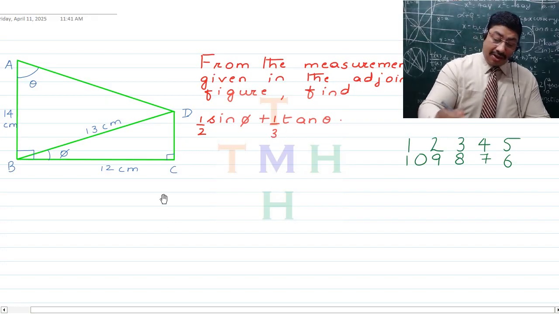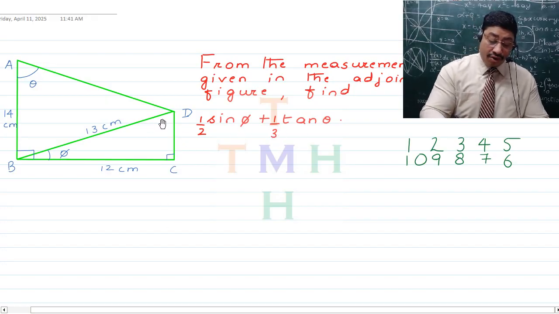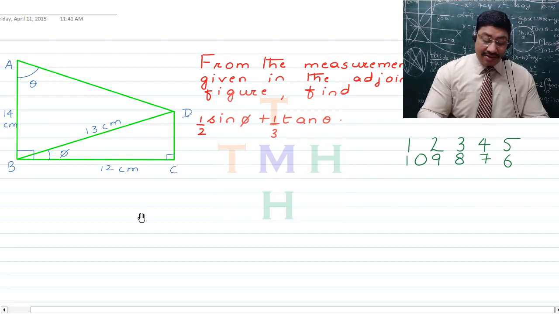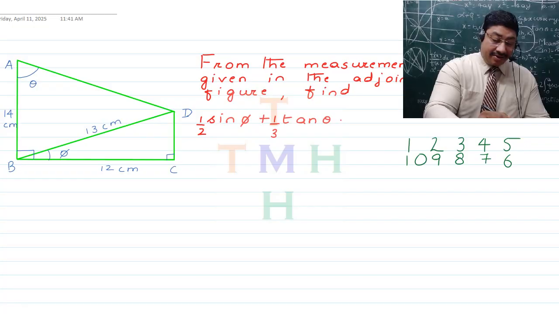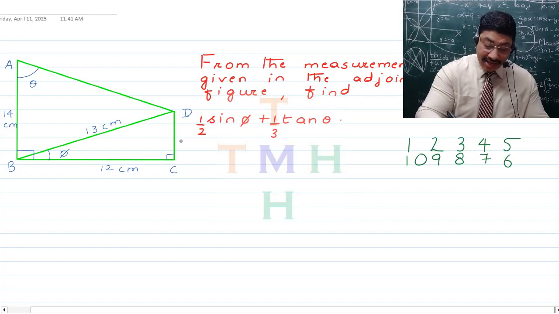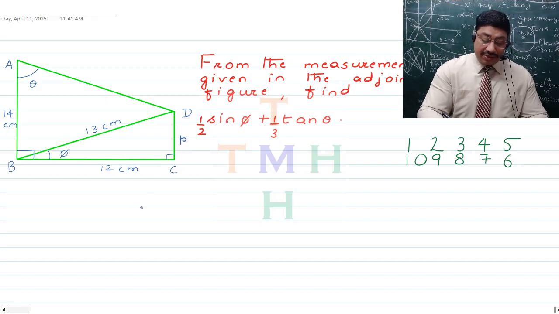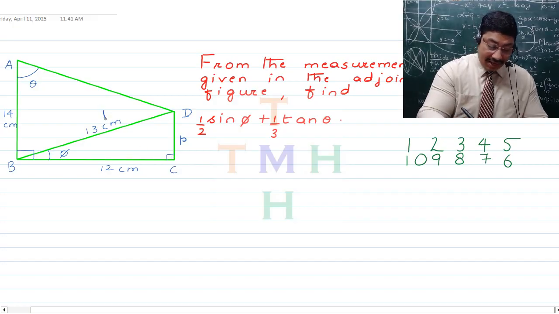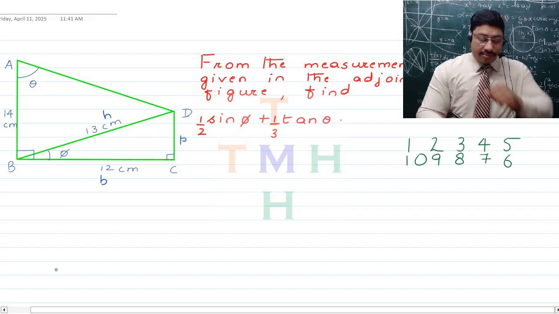So when we talk about sine phi, we first have to talk about this triangle, right? And in this triangle the side which is opposite to phi will become the perpendicular. As such, here we can mark the perpendicular to be this side, right? We'll mark it with small letters. The side which is opposite to 90 degrees is the hypotenuse, and the third side is going to become the base, right?